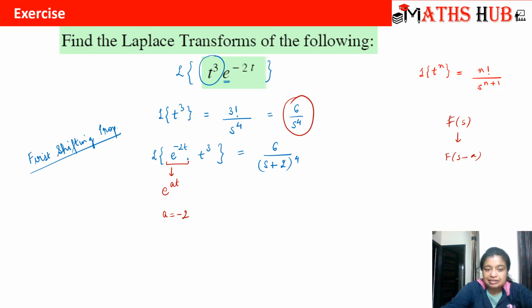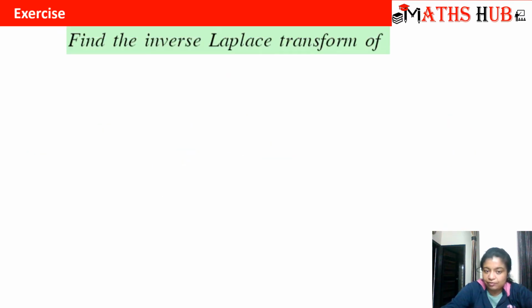Okay, so let us try to do one more question. We need to calculate the inverse Laplace transform of 1 upon s plus 2 whole raised to power 5. So let us see what the first shifting property was for inverse Laplace transform.